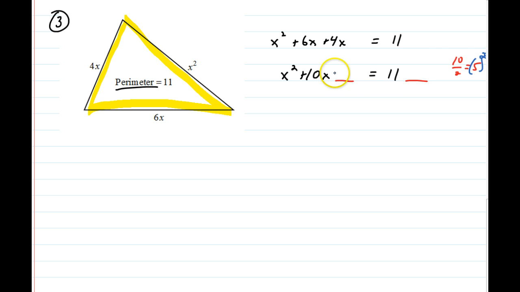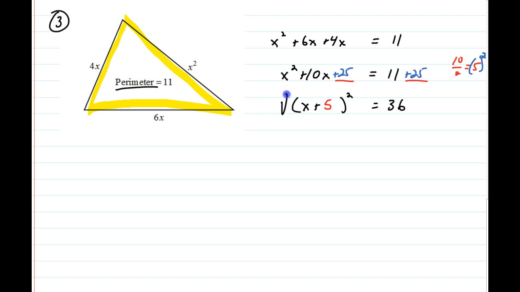And so 5 squared is 25, so we need to add 25 to both sides. Now we write it as a binomial squared, and so it's going to be x plus, and what number gave us that 25? 5. 11 plus 25 is 36.